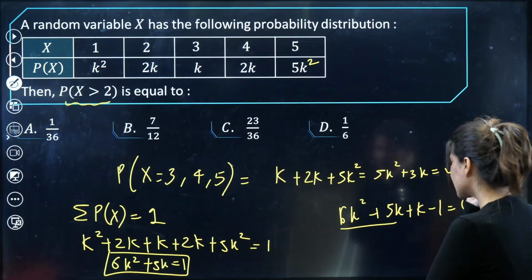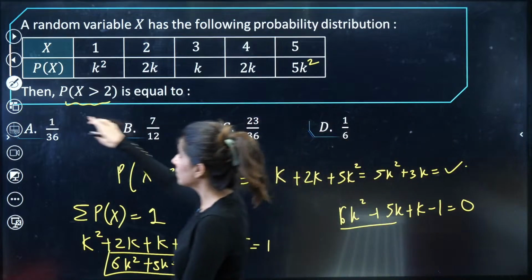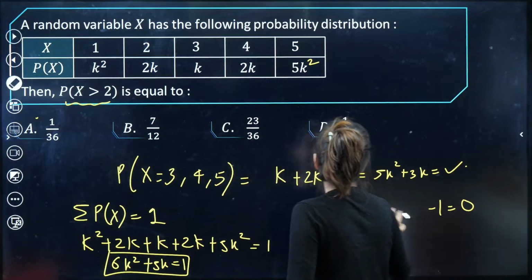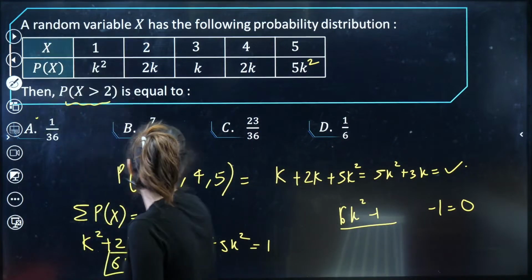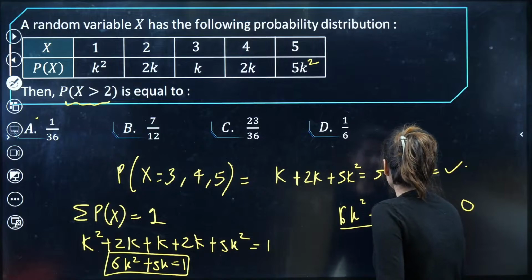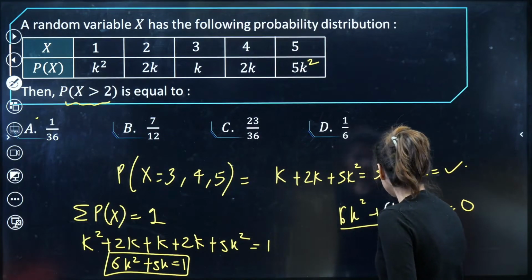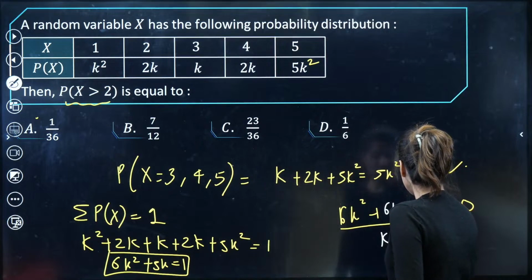So 6k minus 1, k plus 1. So k is coming out as minus 1 comma 1 by 6.